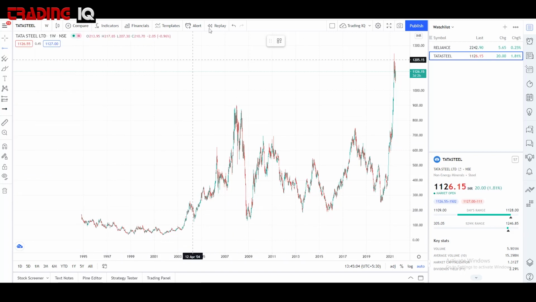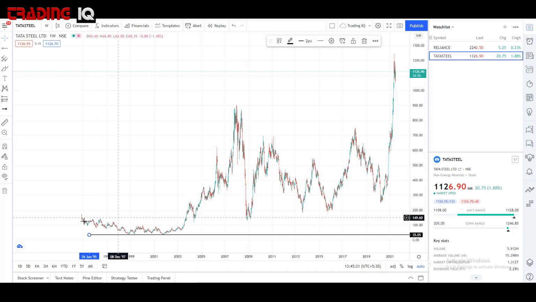Okay. So assume this chart is not prices, but a ball, right? The path of the ball formed a shape. So what happened? This ball created a support range here. Simple, right?